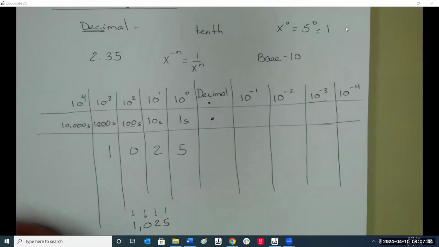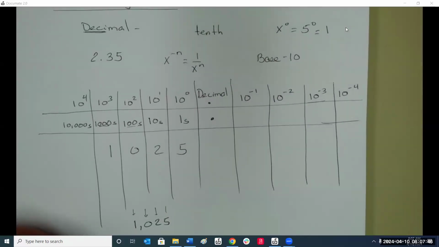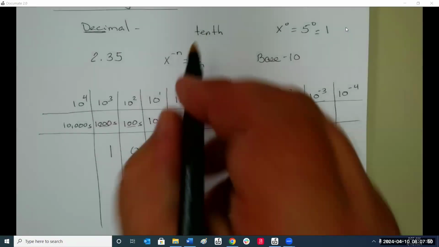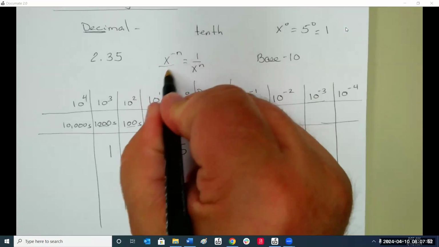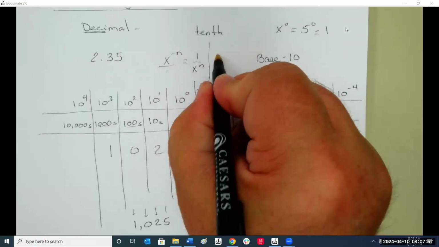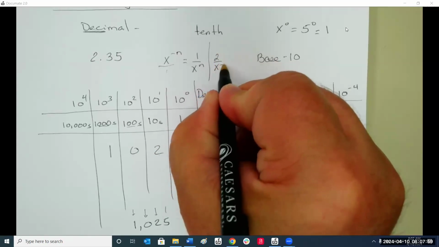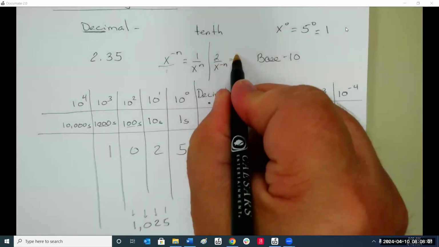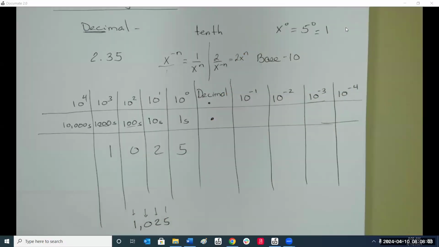If you have a negative exponent, you simply change the position of where it is on the dividing line. If it has the negative exponent on top of the dividing line, you put it to the bottom. If it's on the bottom already, then you bring it up on top and drop the negative.